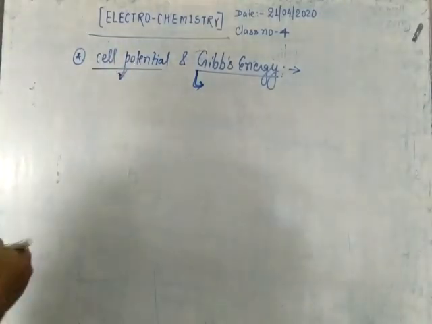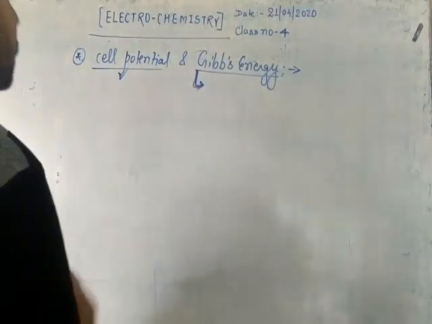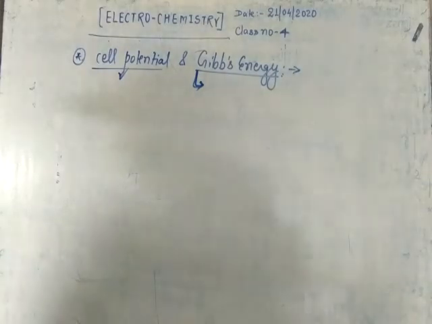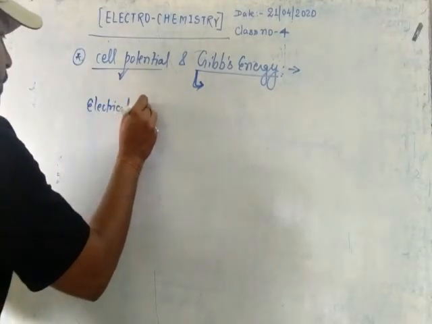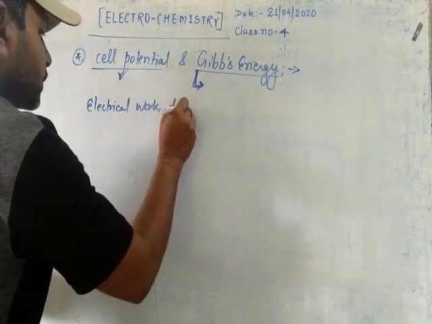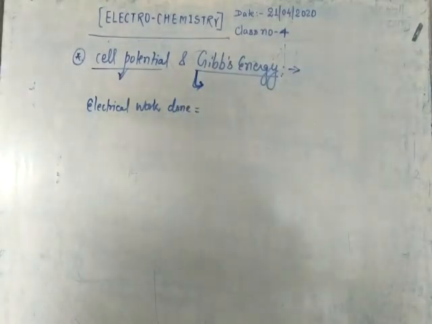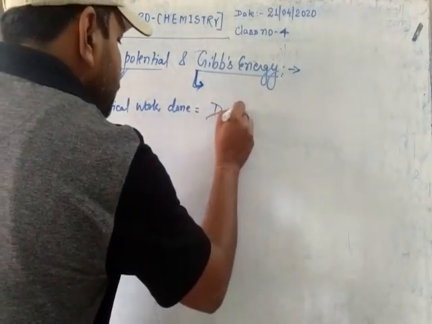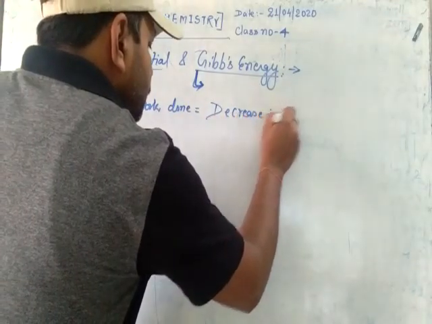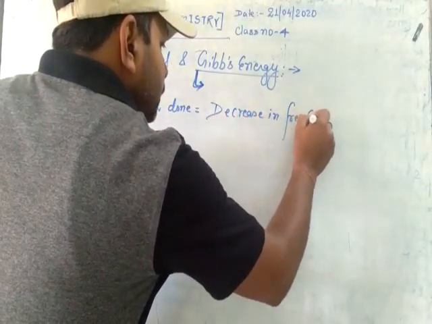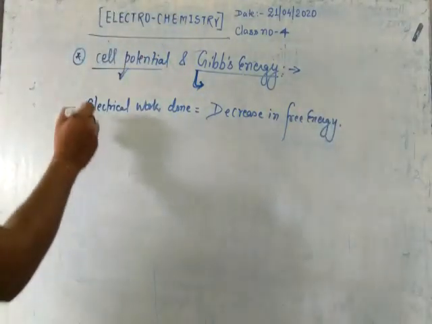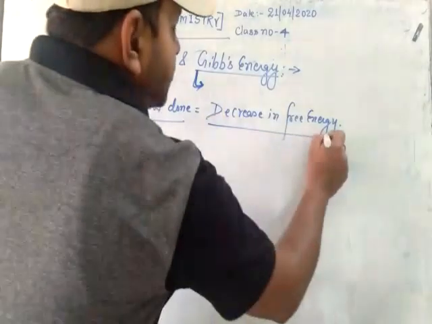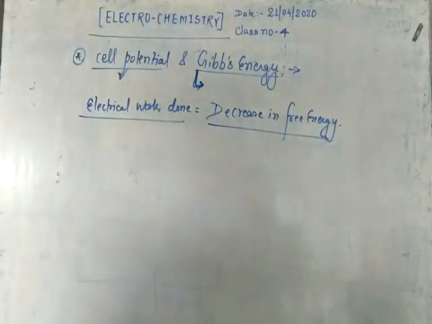And you know that the cell potential is the potential difference between two rods. So students, Gibbs energy is related to electrical work done. Electrical work done is equal to the decrease in free energy.